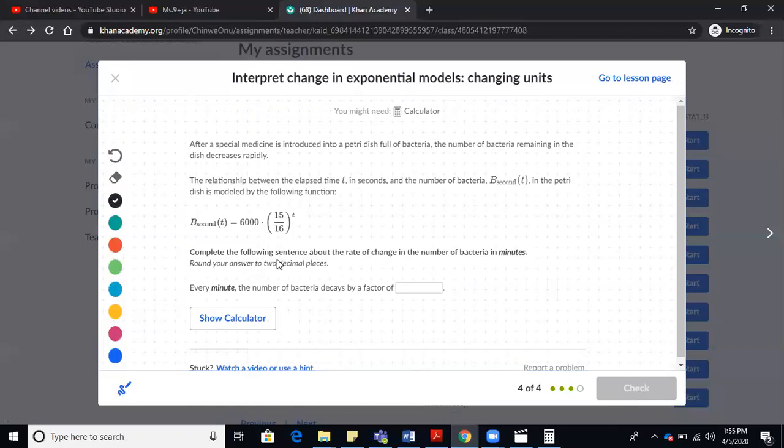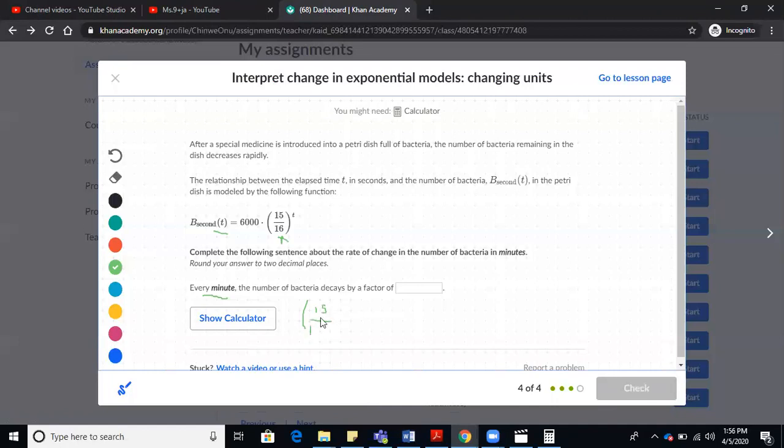All right, so here we have, it gives me every second. It's changing by a factor of 15/16 every second, and it wants me to change it to every minute, find out the factor for every minute. So 60 seconds make 1 minute. So I'm increasing, so I'm going to raise that 15/16 to 60, raise it to the 60th power.